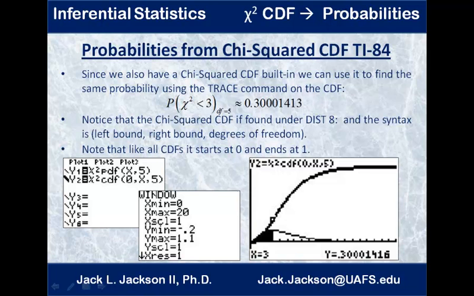So I hit trace and hit 3, enter, and it gives me the coordinate of this point right here on the CDF, where x is 3, y is 0.30001416. Which should be the same y value that I got for the area on the other curve. So they should both be the same.